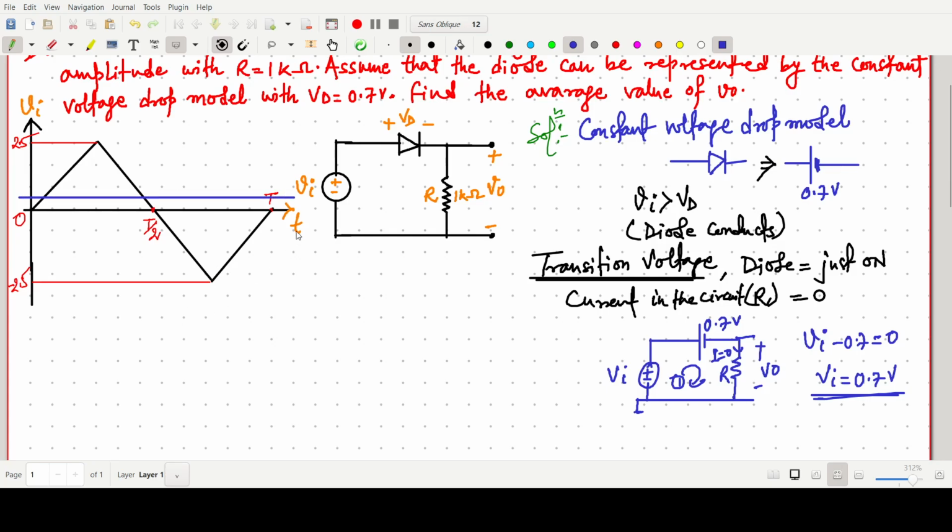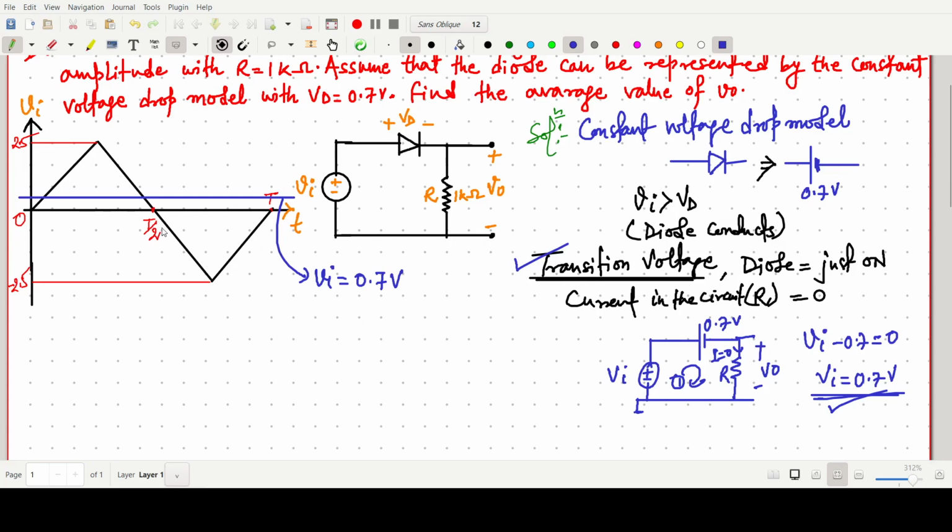In every rectifier problem, if some constant voltage drop model or biasing is given, we first find the transition voltage and then plot the equation Vi equals 0.7 volt. After that we can decide whether the diode is on or off.